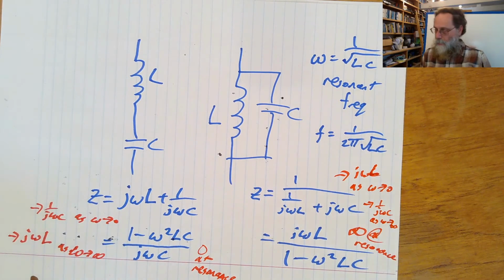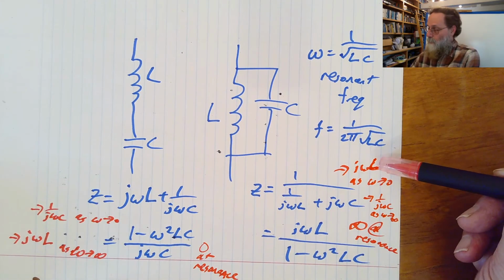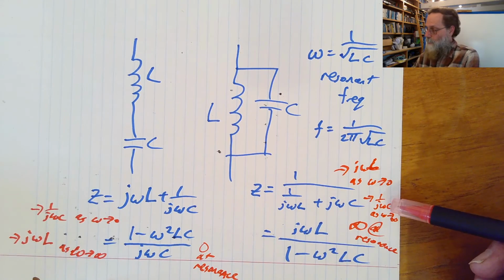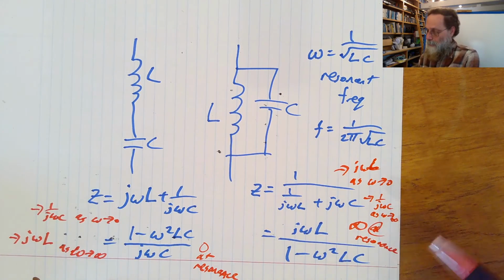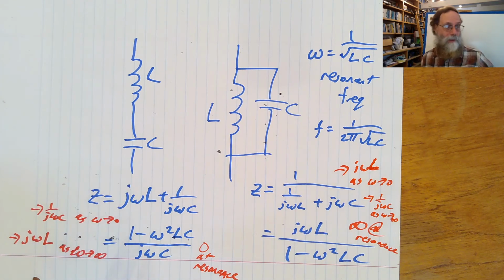Notice that we ended up with just an inductor, or just a capacitor, or infinity. And here we ended up with just a capacitor, just an inductor, or 0. But where it's a capacitor and where it's an inductor are swapped with each other.